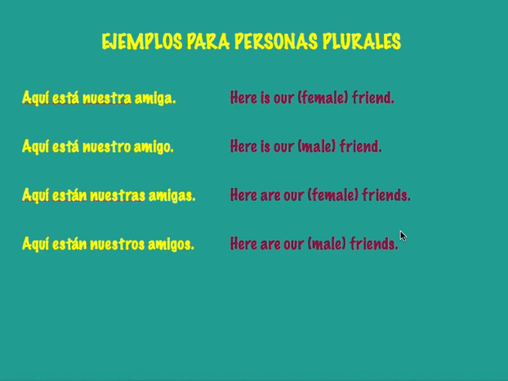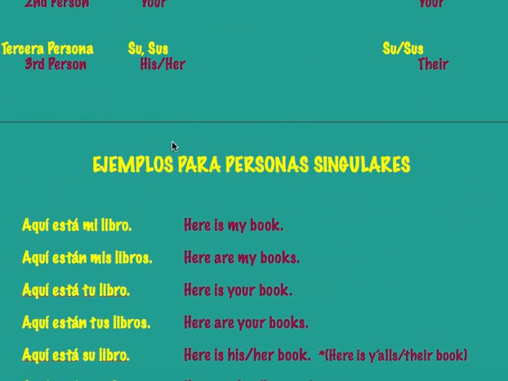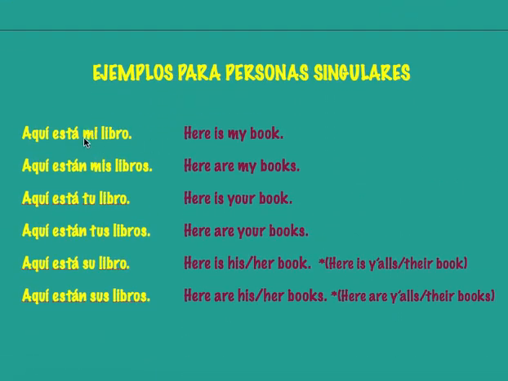Now, one final note. Do you notice where these possessive adjectives go in relation to the object they describe? That's right. All of these examples, the possessive adjective comes before. If the possessive adjective comes before the book or the noun that you're describing, these are the possessive adjectives you use.